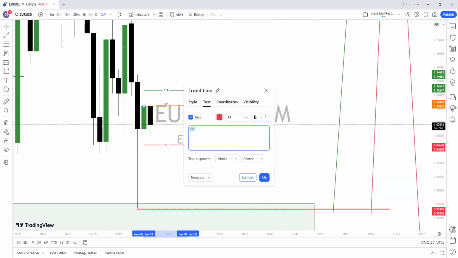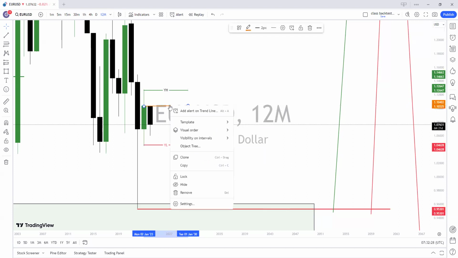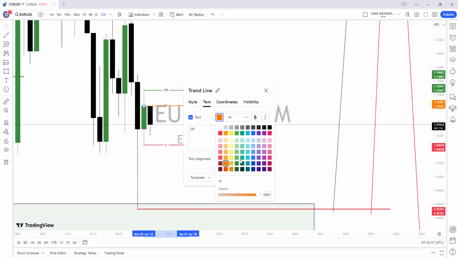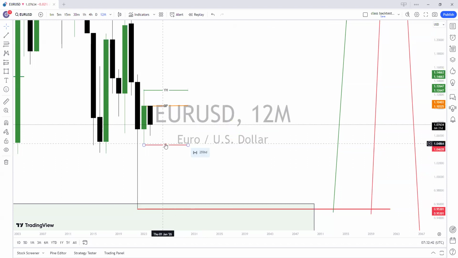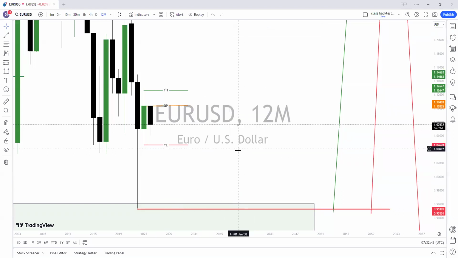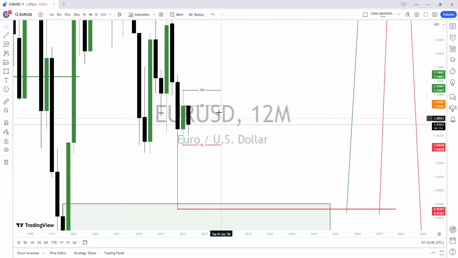And edit this one. All right, opening price. So this is it. Let me align this so it can be straight.